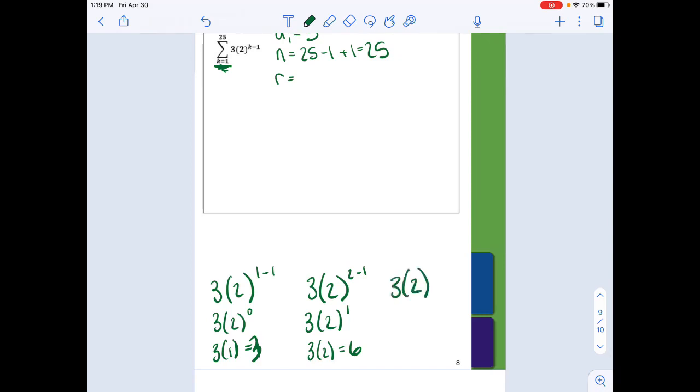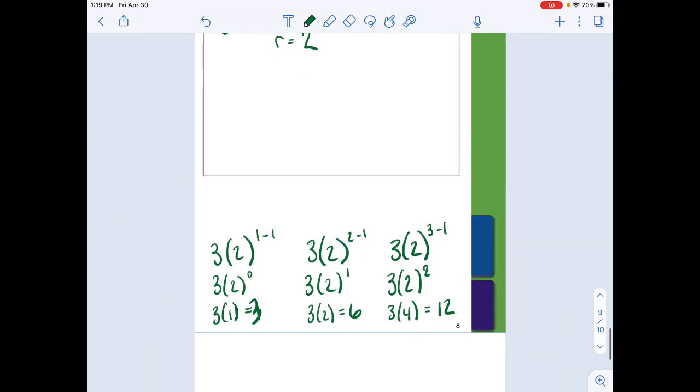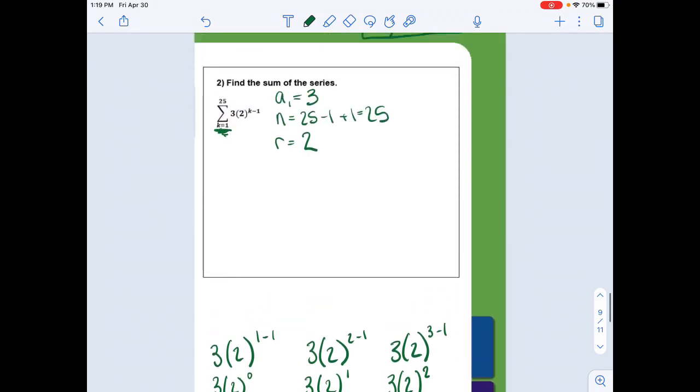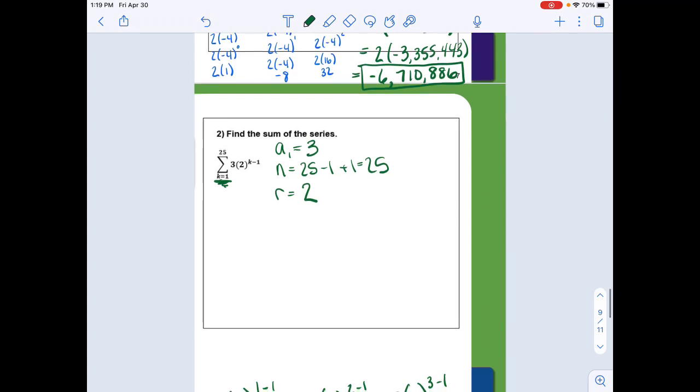Now we're back on track. Three times 4 is 12. So our common ratio is 2. 6 divided by 3 is 2. 12 divided by 6 is 2. So we have our a sub 1, which is 3, not 1. Our number of terms is 25, and our common ratio is 2.